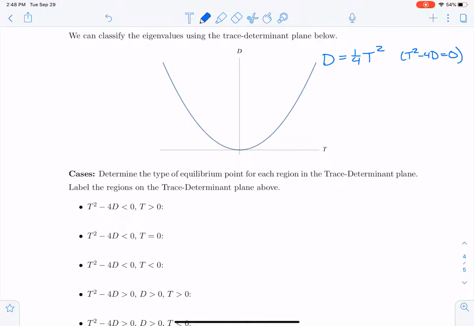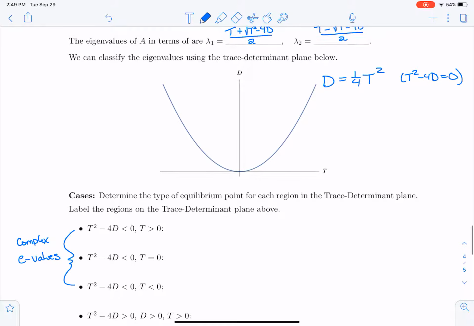Okay, so first, we're going to look at the cases where T squared minus 4D is less than 0. This is where we end up with complex eigenvalues. In this case, the square root of T squared minus 4D is the square root of a negative number.